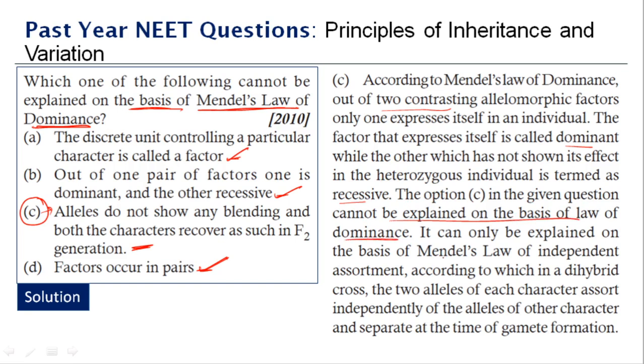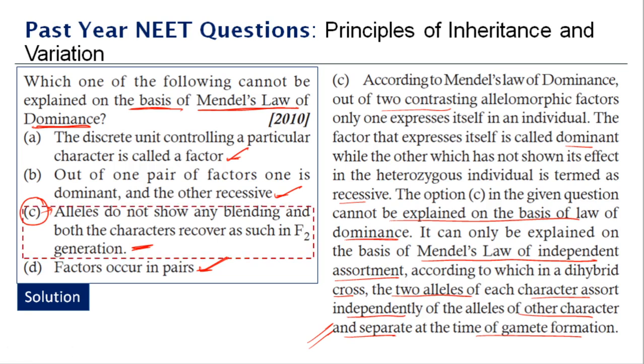It can only be explained on the basis of Mendel's law of independent assortment, according to which in a dihybrid cross, the two alleles of each character assort independently of the alleles of the other character and separate at the time of gamete formation. Okay, so it is very important that you know which Mendel's law explains what characteristics. So the correct answer is C.